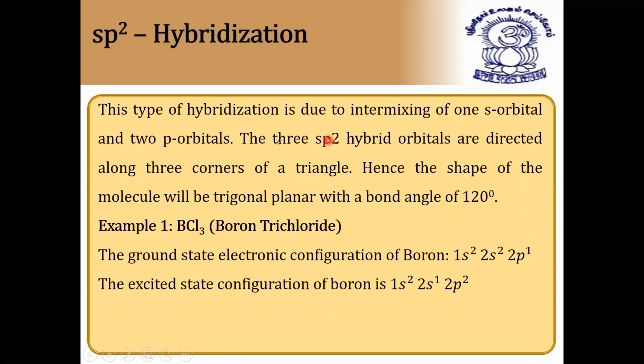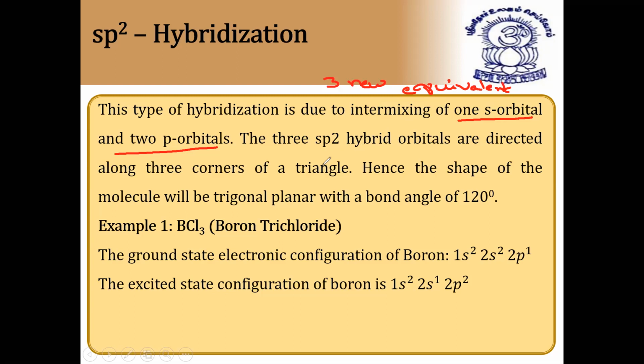Next, second type of hybridization. This type of hybridization is due to intermixing of one s orbital and two p orbitals. When one s orbital overlaps with two p orbitals, it results in the formation of three new equivalent orbitals.